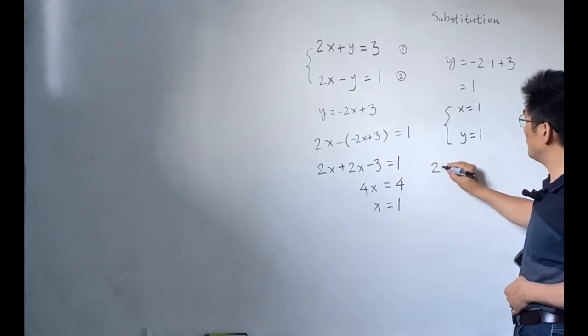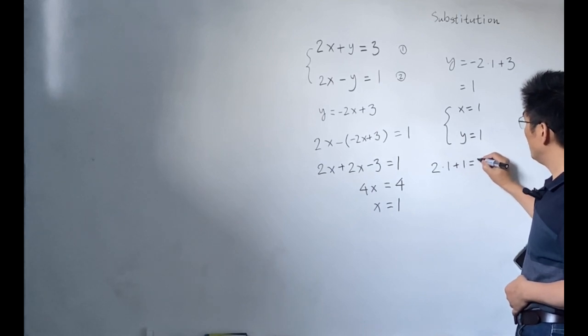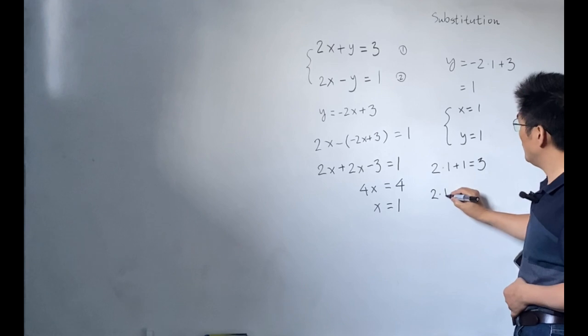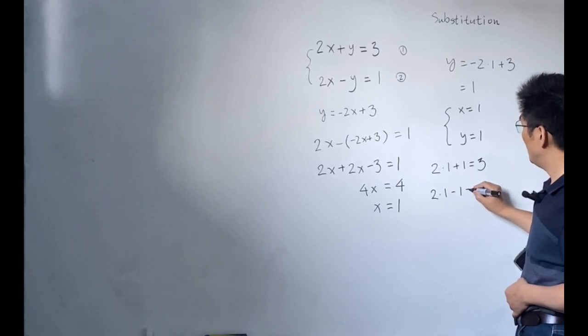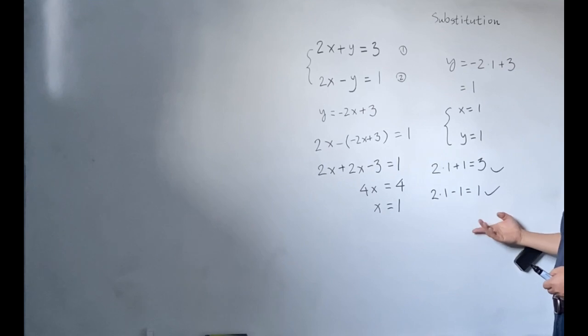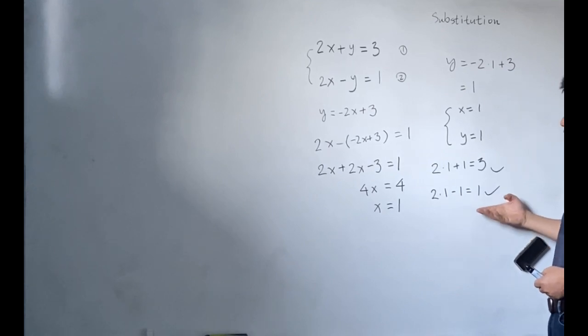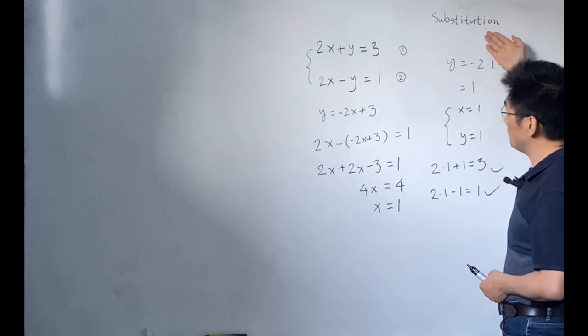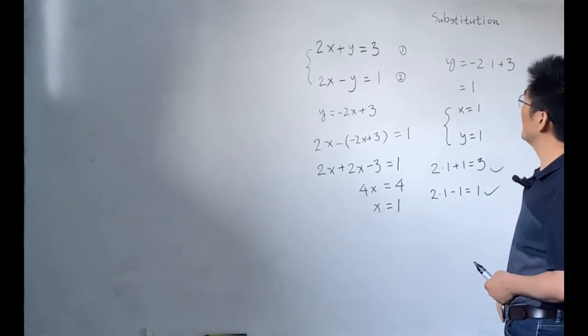So 2 times, well, x is 1, times 1 plus 1, well, it does equal 3. 2 times 1 minus 1 is y. Well, that's correct, right? That's how we solve a system of linear equations using the substitution method. Make sense?